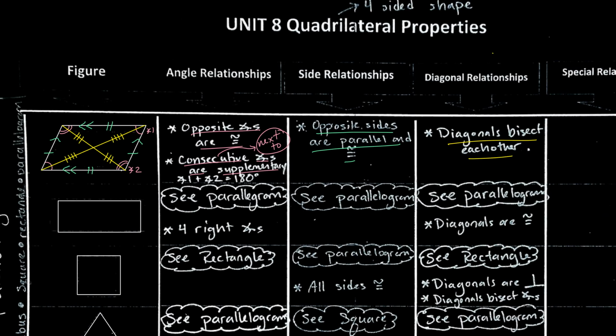Now, do you remember how I said that a rectangle, a square, and a rhombus are all parallelograms? So what does that mean for those shapes? They all have not just parallel sides, they all have... think about it.